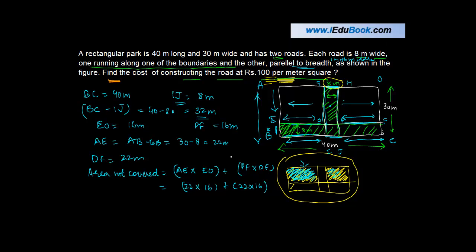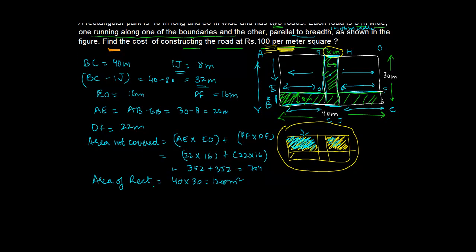So 352 plus 352, 704. And what's the area of the rectangle? That is equal to 40 into 30, 1200. Right? So therefore the area of the road is equal to 1200 minus 704, 496 meter square. Right? This was method 1.